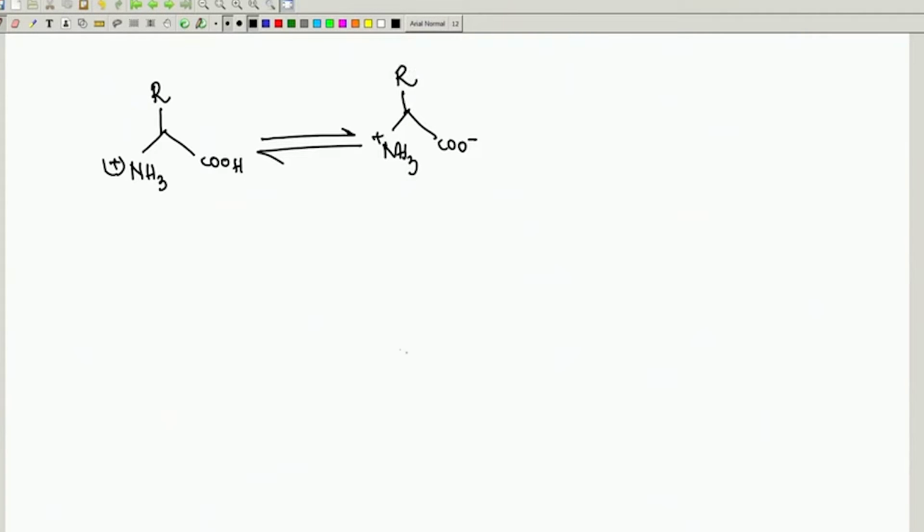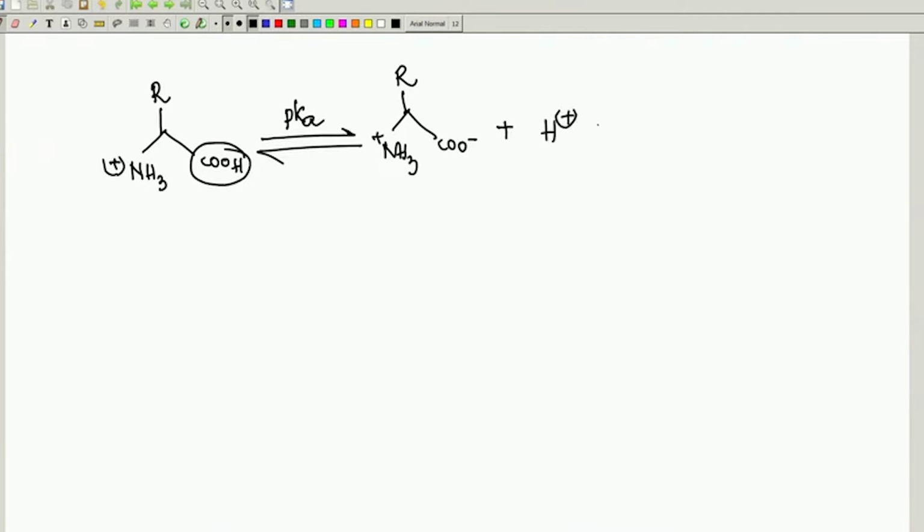Okay. Now, suppose the equilibrium constant for this is expressed in terms of pKa. What is pKa? That is the dissociation constant of this carboxylic acid, because you have a proton that is generated.